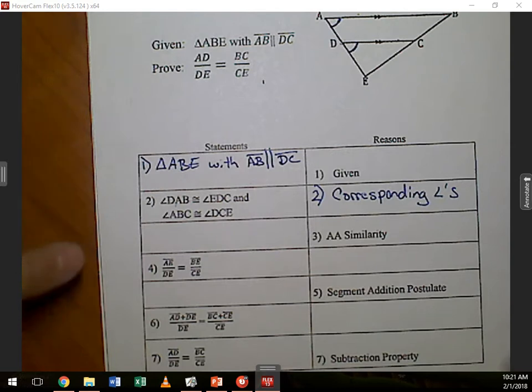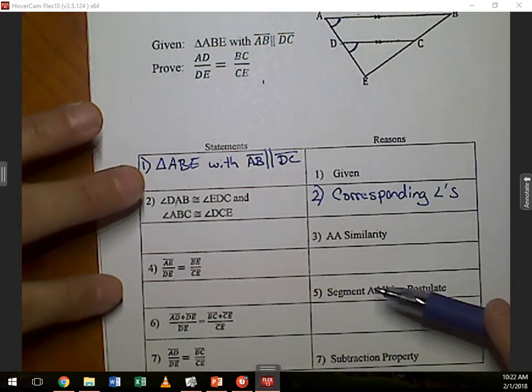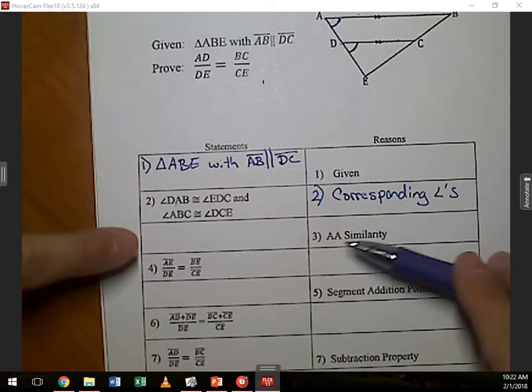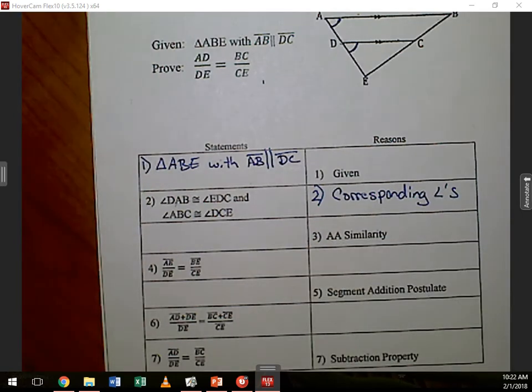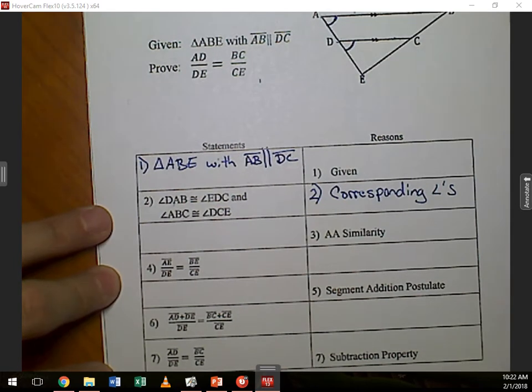Now, it's kind of missing a piece right here, so I will put it in here also, because it's missing something before we could do that. There's a statement that I have to make. It says that the two triangles are similar, but I only have that this angle is congruent to this angle.